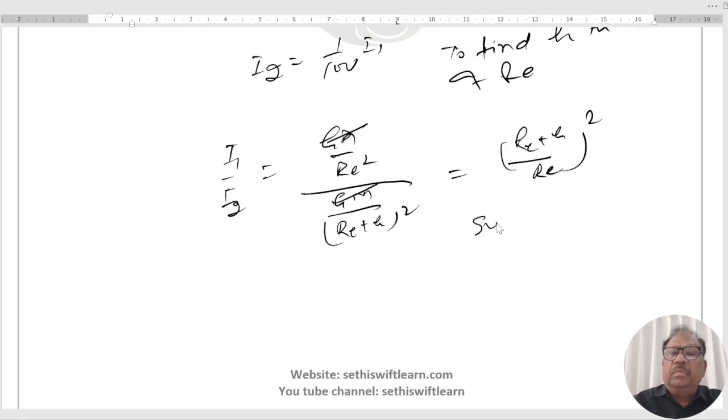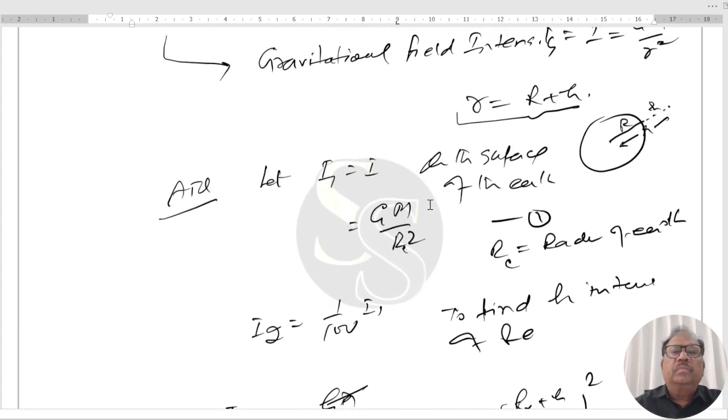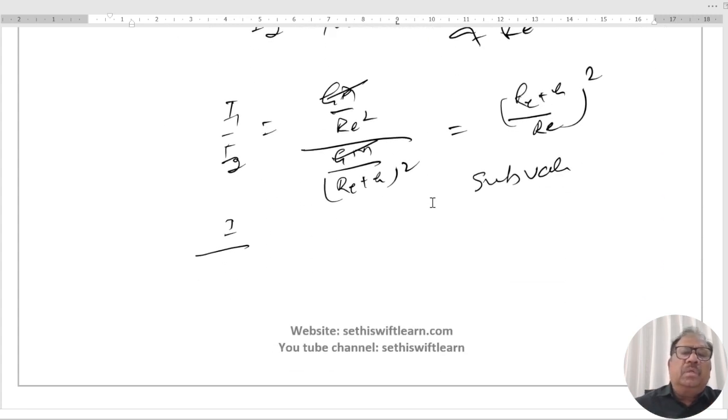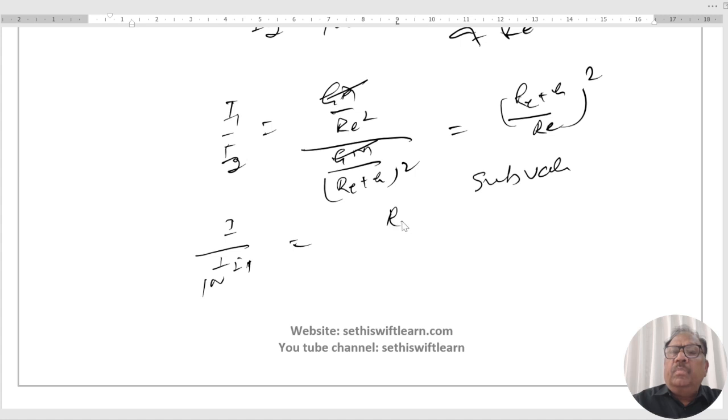Substituting values. I1 is I, I2 is 1 by 100 I1, I. That is equal to RE plus H upon RE whole square.